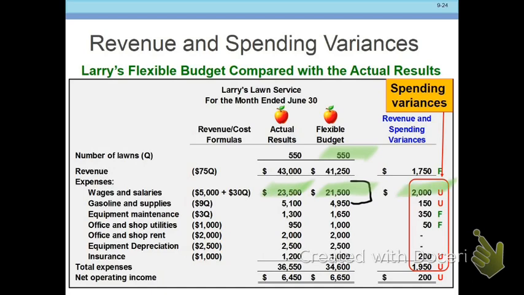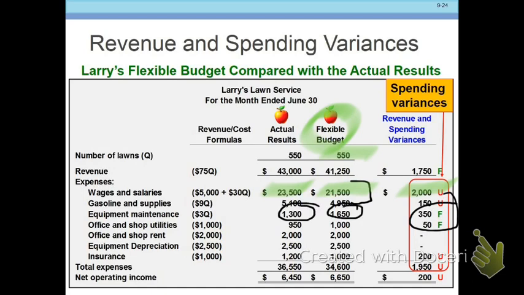Why is that the case? Did we have to pay our employees overtime perhaps for these additional lawns? That's something we'll want to look at. Notice some of them are unfavorable, that is, we spent more than we should have based upon our flexible budget. But some of them are favorable as well. We should have spent $1,650.